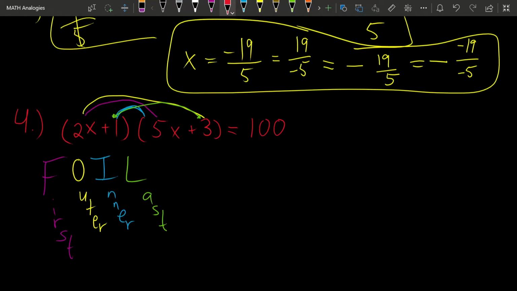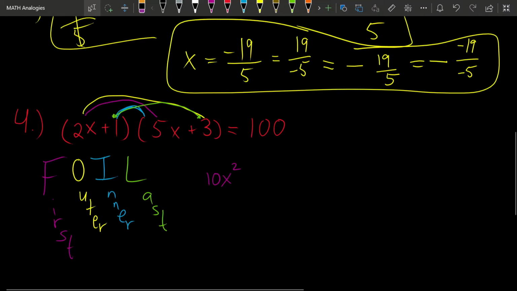And what does that actually give us? Let's see, the purple stuff, the first, 2x times 5x: 2 times 5 is 10, and x times x is x squared. So we have 10x squared in total.